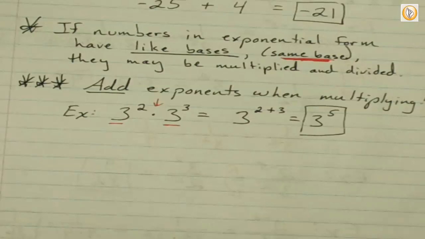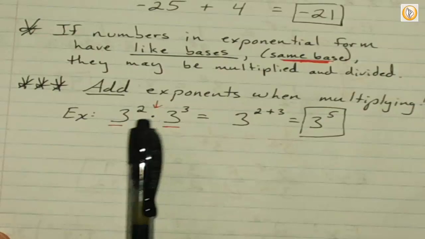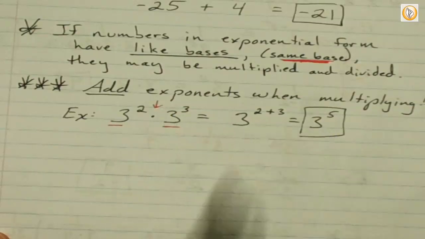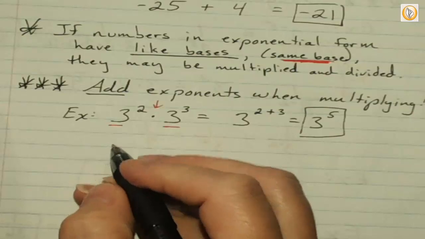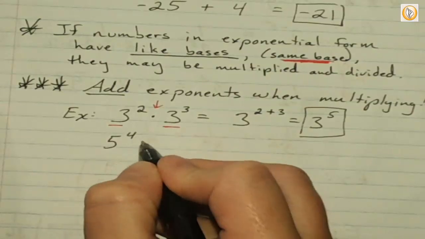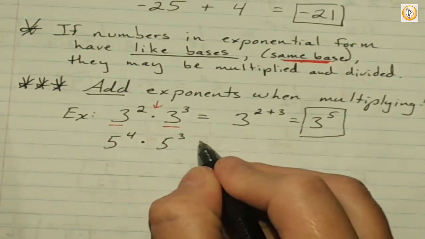Okay, so bases are the same. You're multiplying the bases, so then you add the exponents. Does that make sense? Any questions so far? Okay, how about this one? 5 to the power 4 times 5 to the power of 3.